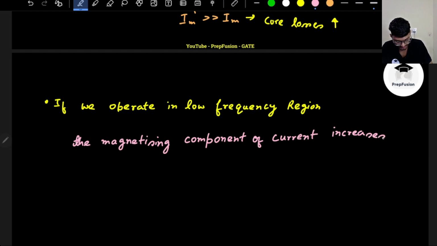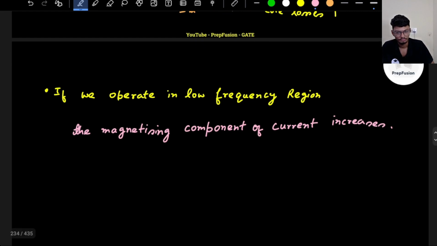So if frequency decreases, the magnetizing component of the current will increase. So there is a problem.